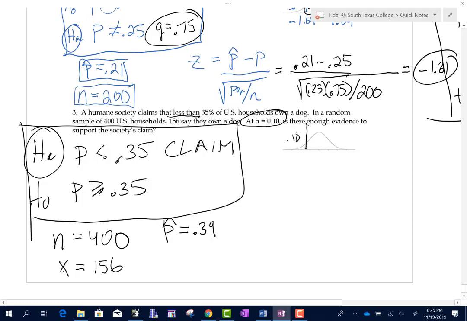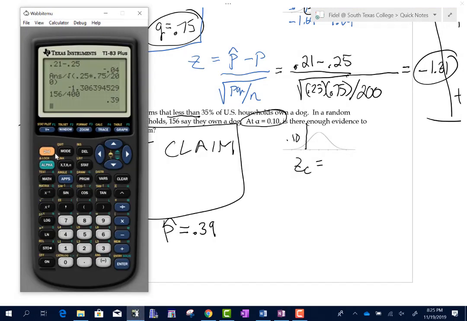So guys, if we're going to find our critical value right here, our ZC, what do you think? Positive, negative? Should be negative, right? Because the area in there is only 10%. Remember, half would have been 50 and Z would have been 0 at that point, right? So second VARS, inverse norm. We're going to enter in 0.10. Close it off. Negative 1.28.